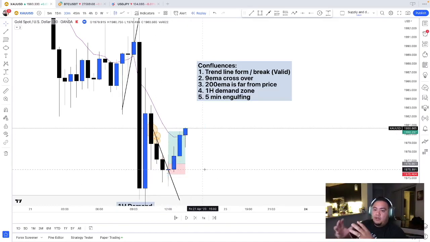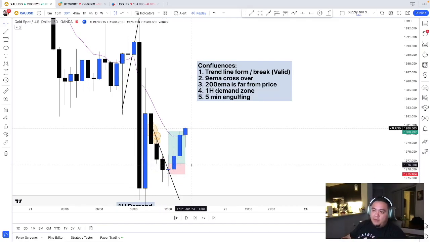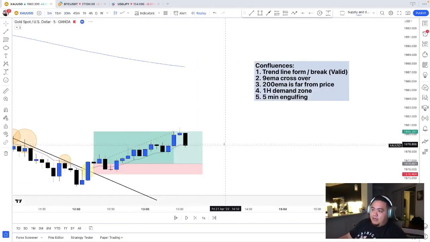If we look at it as an actual auction, there are a lot of sellers and a lot of buyers, and there's this tipping point where there's so much volume on both sides that price comes to a standstill, and at that point something's about to happen. A lot of the times we see a reversal at the 1 or 4 hour supply or demand zones, and this was added confidence in the trade that it was going to go my way. That being said, I hit our take profit.